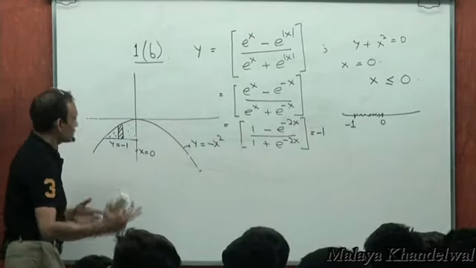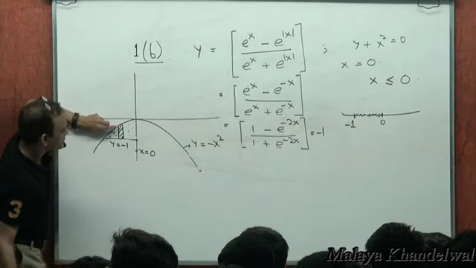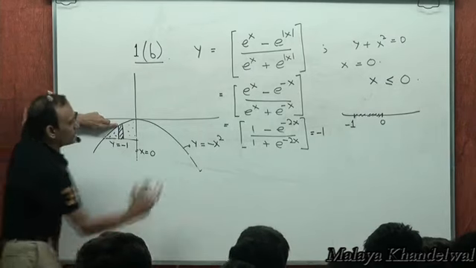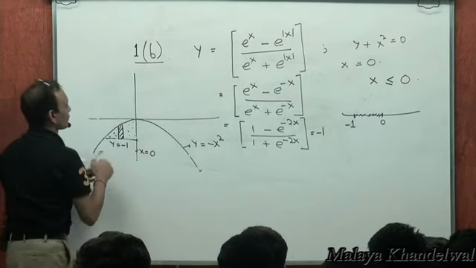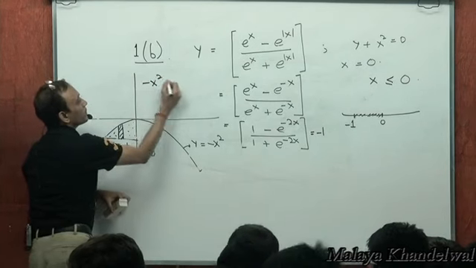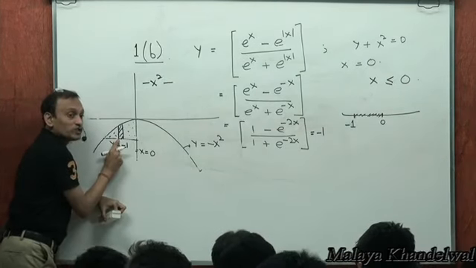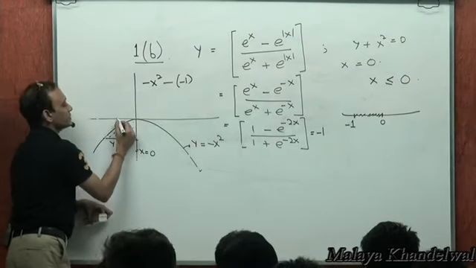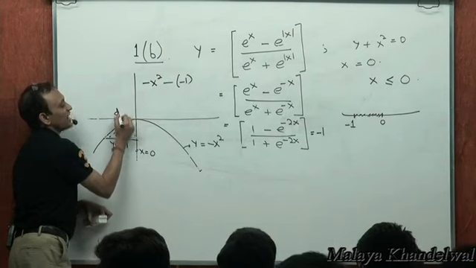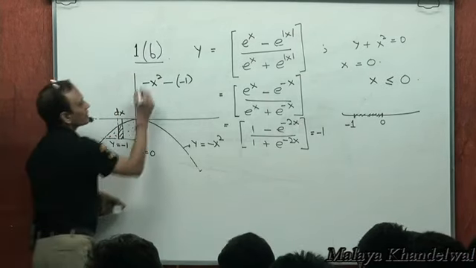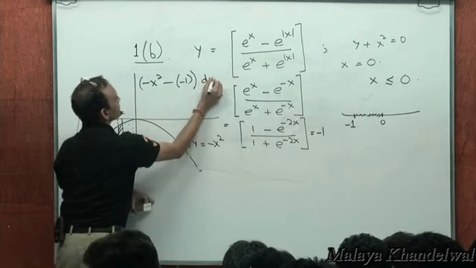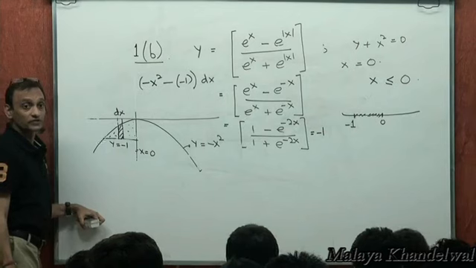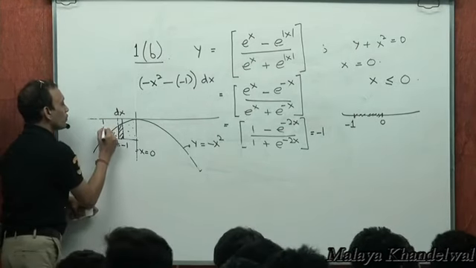Therefore, y of this point minus y of this point will be a positive number. But y of this point is minus x squared, minus y of this point, which is minus 1, so minus x squared minus minus 1, into the thickness of the strip, which is dx. That's the area of the shaded strip. And what would this point be?